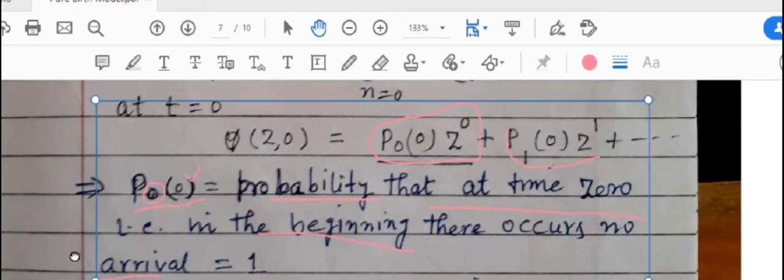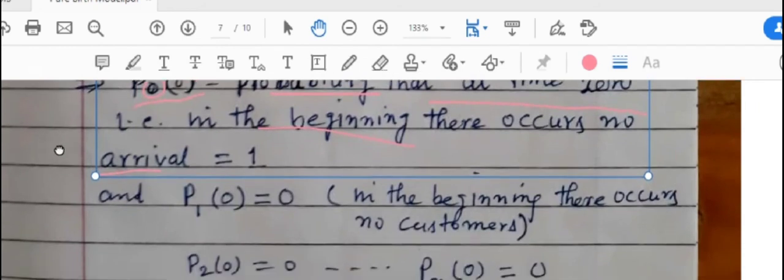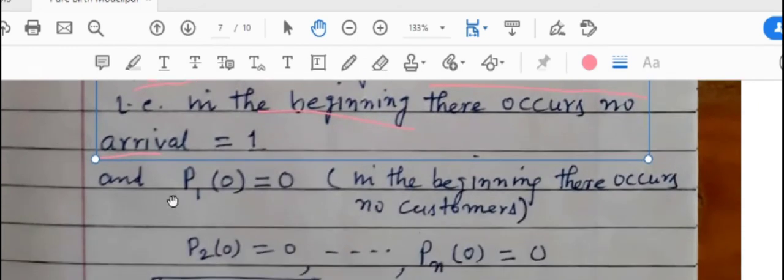Many times we get confused that the probability must be 0. No, probability 0 is this one: the probability of one arrival in time 0.